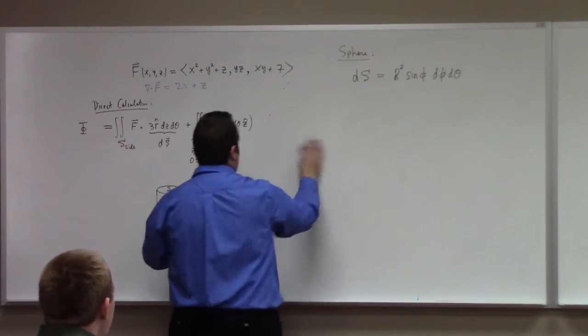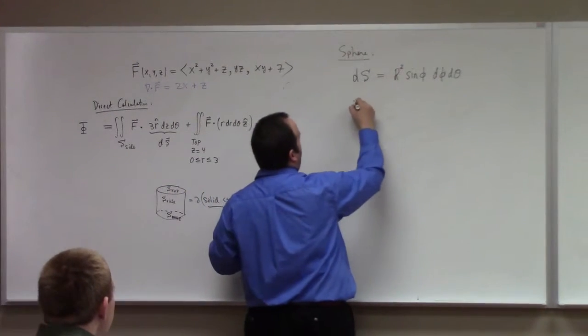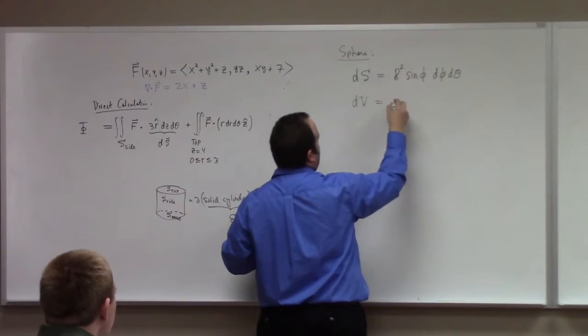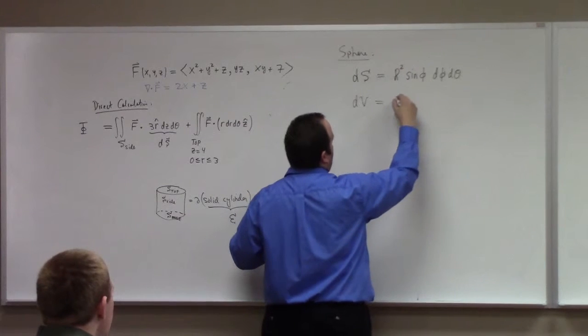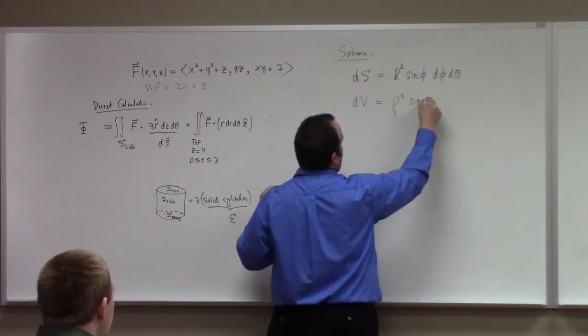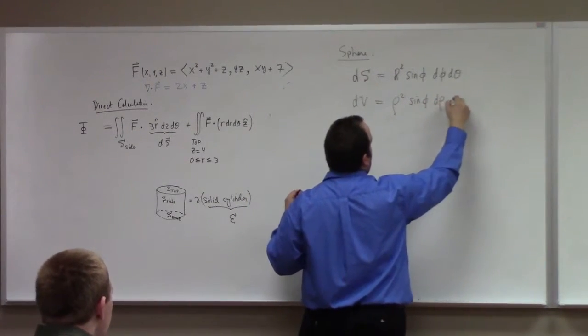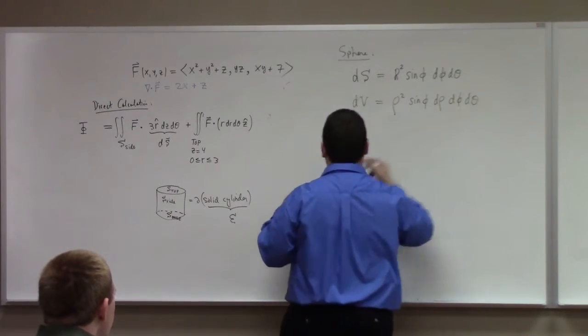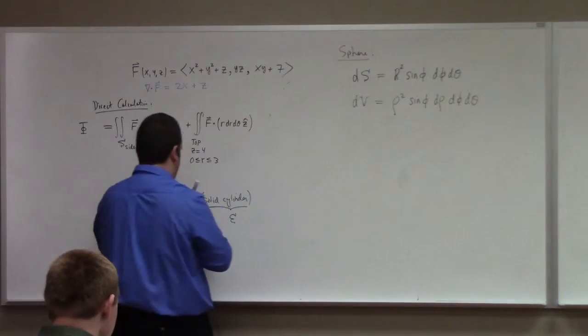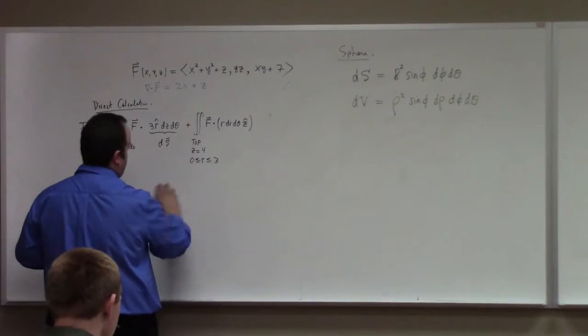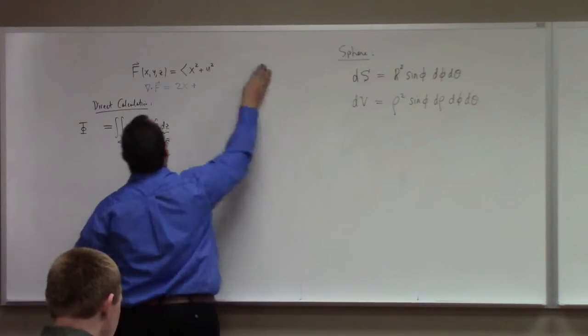The Jacobian of a sphere is... Oh, you mean the Jacobian in spherical coordinates? Yeah, sorry. That's fine. It's rho squared sine phi d rho d phi d theta. Huh. Cylindrical coordinates r dr d theta dz.